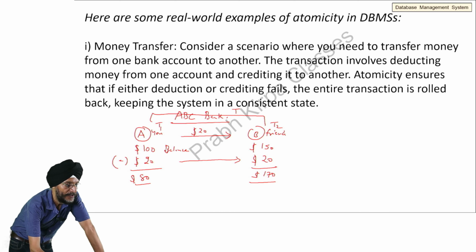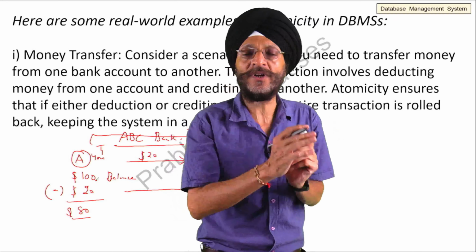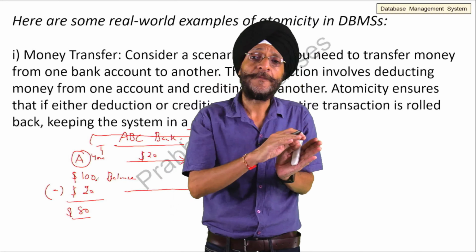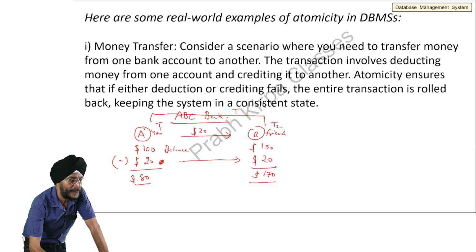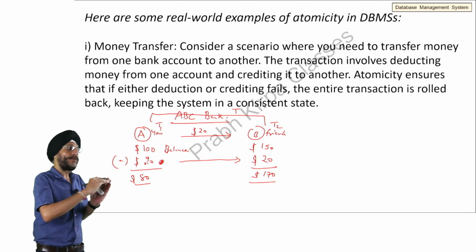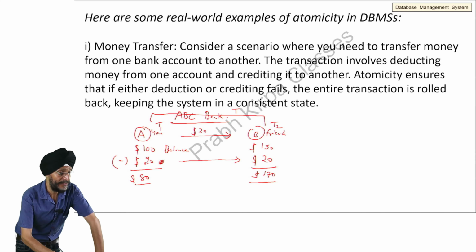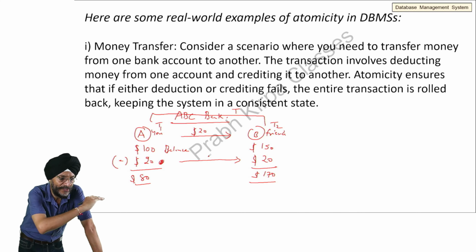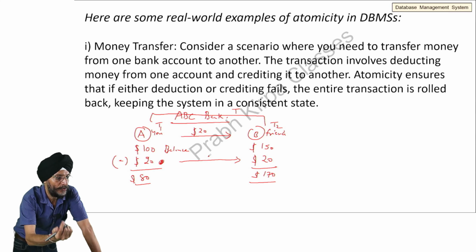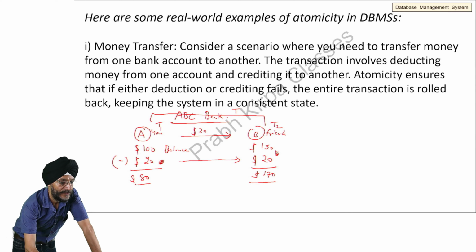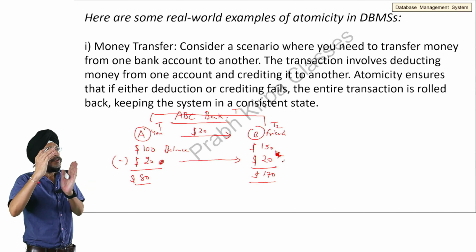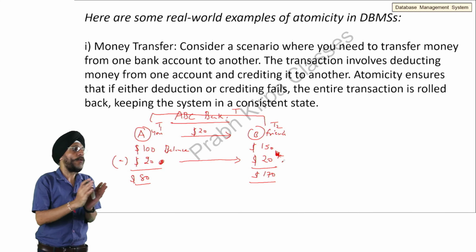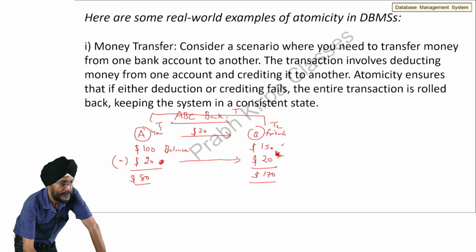Now suppose while $20 is being deducted from your account, power failure occurs at this stage, or it may be possible that your account has been debited, but while the operation of crediting the amount to your friend's account was going on, at this step there was a power failure or internet failure, and the account of your friend was not credited with $20.